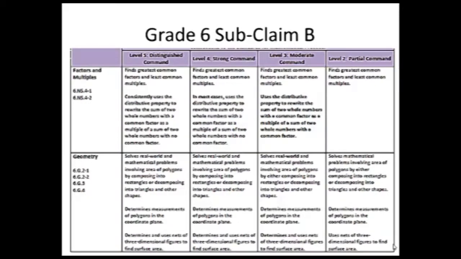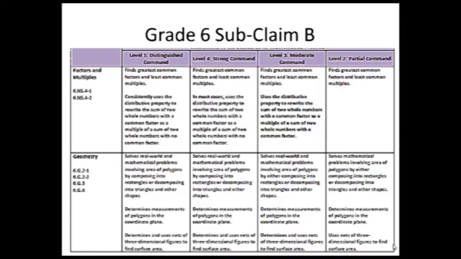Where things change is that as I move from level 2 to level 5, I'm doing more things with respect to factors and multiples. Level 3, I'm rewriting the sum of two whole numbers using the distributive property. Level 4, I'm going to use the distributive property as a multiple of two whole numbers with no common factor. So in level 3, I have the common factor. In level 4, I don't have a common factor.